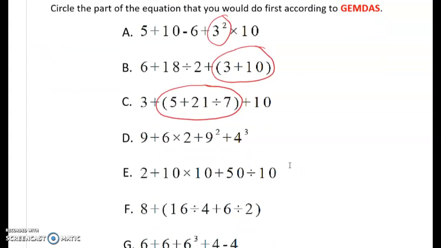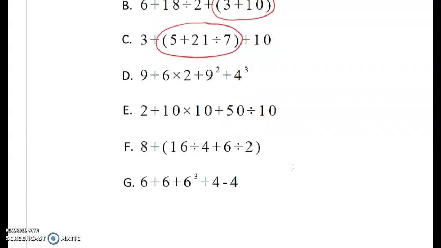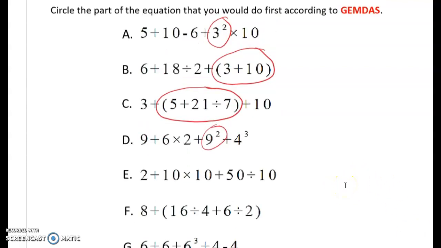Now remember, we're working from left to right. So if I look here, this is the first one I see, and that will be the first one I do. Come back down here. Okay, my exponent.